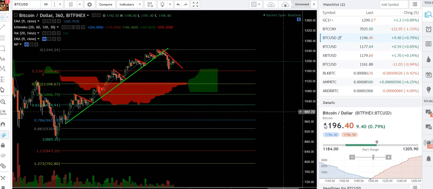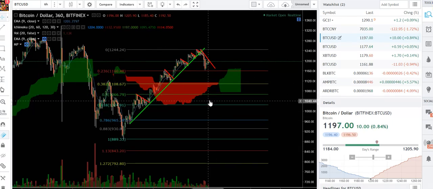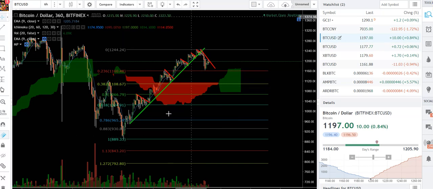Okay, so now we're expecting a full retracement of this entire move. But we don't know how far this retracement is going to go. I would think it's going to go more than 25%. When you have a large move like this, I would think that we're at least going to go down to this 38%. Now, even deeper of a retracement, we could very well retrace down here to the 50% mark.